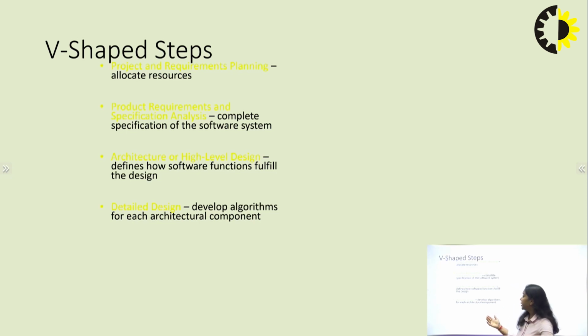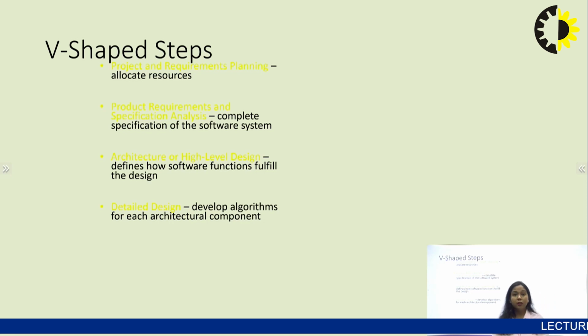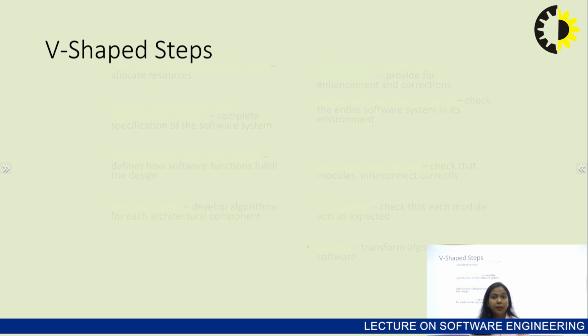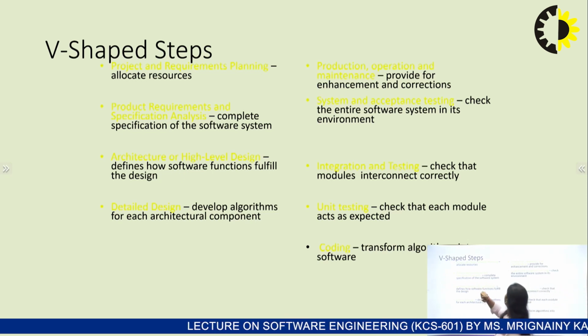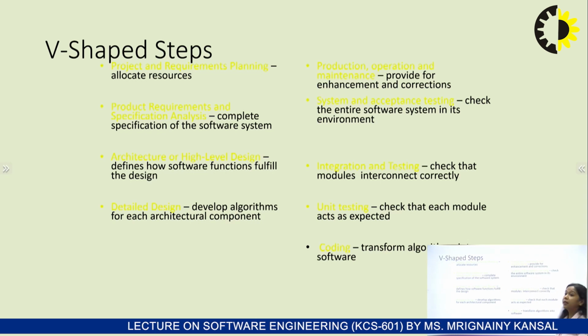And in the detailed design, we develop the algorithm for each architecture component, that is, what algorithm will be used at each level is defined in the detailed architecture. Parallelly, when we allocate the resources, we provide the enhancement and correction to be done at the previous stage.